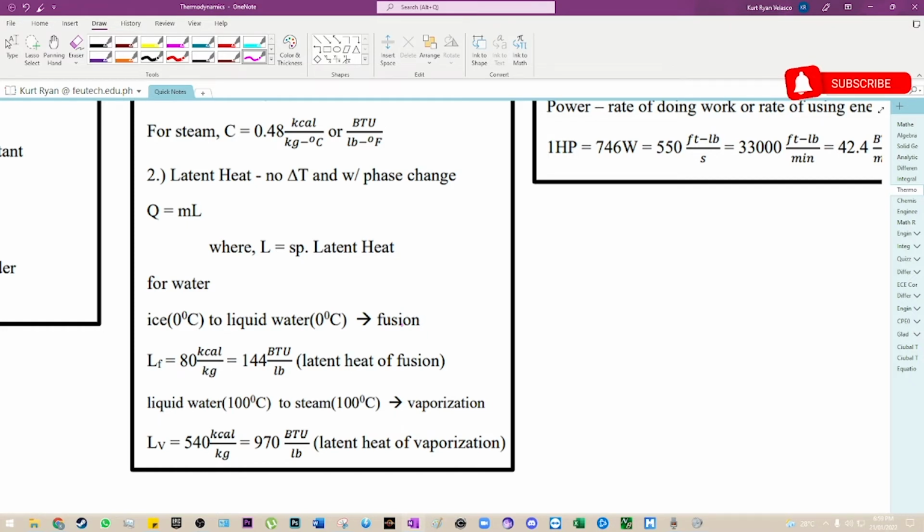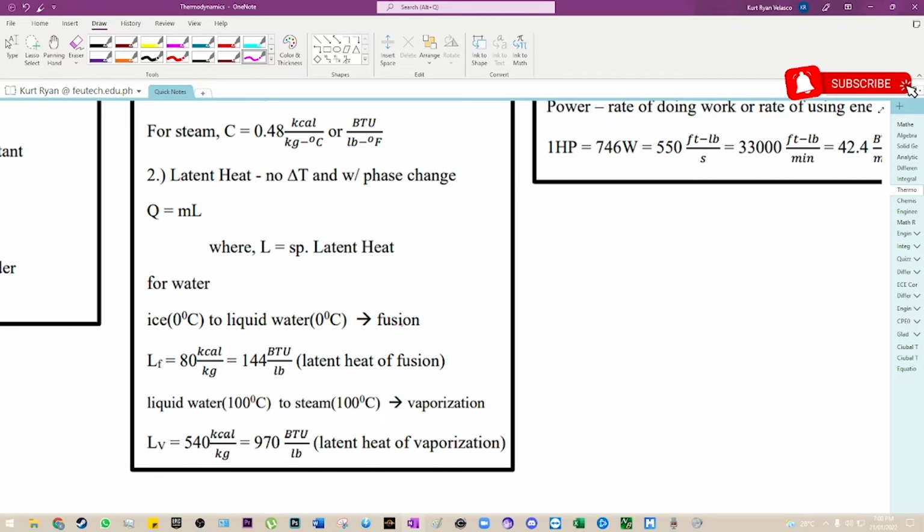The water will reach 100 degrees, and then it will go through a phase change, becoming steam. It becomes water at 100 degrees, and then steam at 100 degrees also. As you can see, those are both 100 degrees. Therefore, there is no change in temperature, but there is a phase change. That is called latent heat.